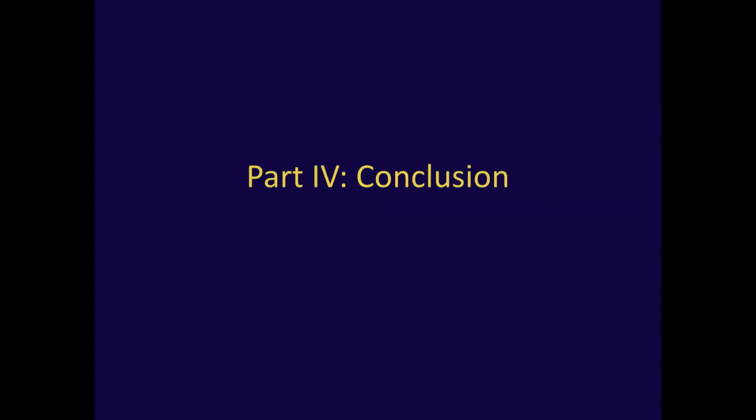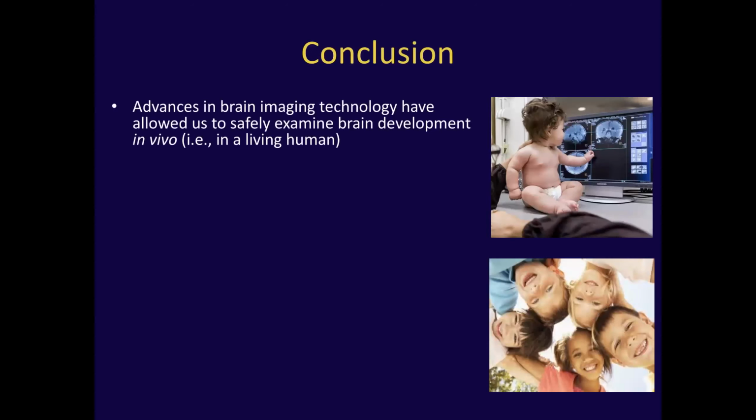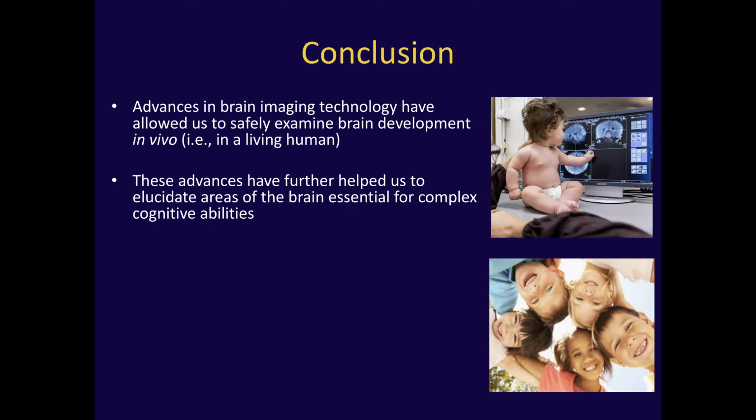Alrighty. So what we've learned: advances in brain imaging have allowed us to safely examine brain development in vivo, so in living humans. These advances have helped us to further understand areas of the brain that are essential for complex cognitive abilities, emotion, and behavior.